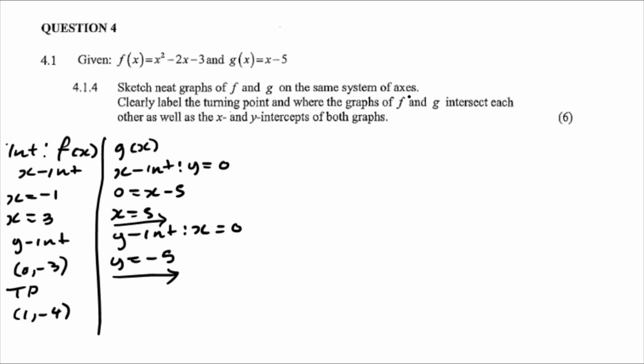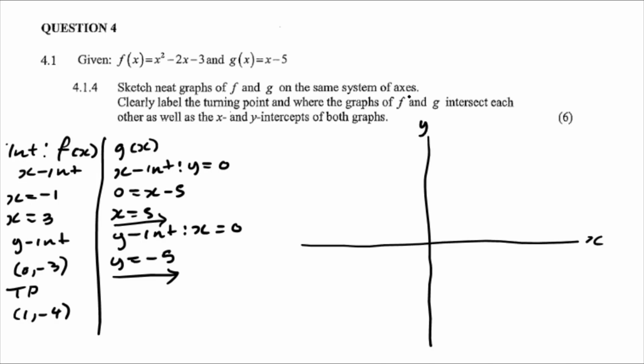So now to sketch them in the same system of axes, here's my y-axis, and then I have my x-axis over here, and then here's my origin. Now I need to put in my points here.